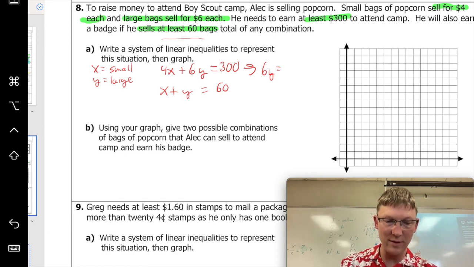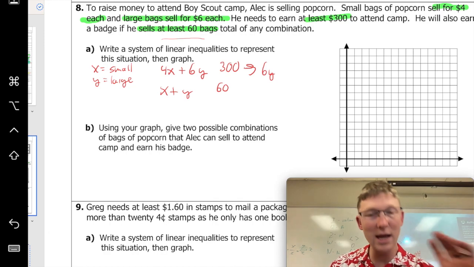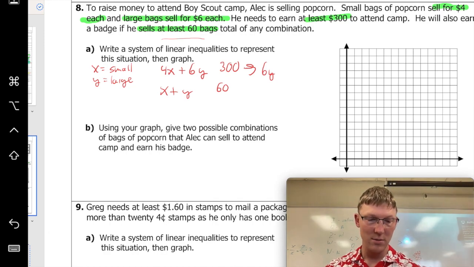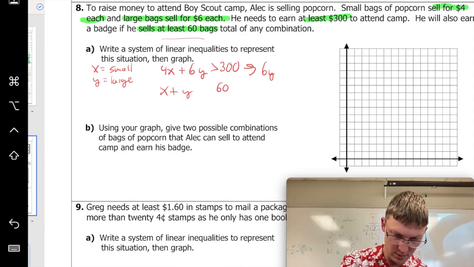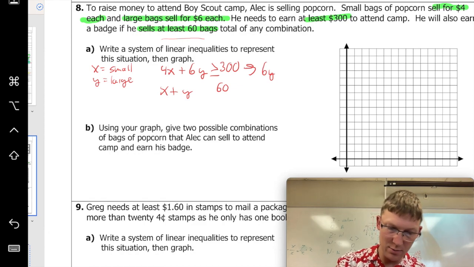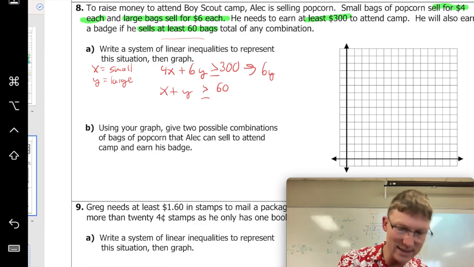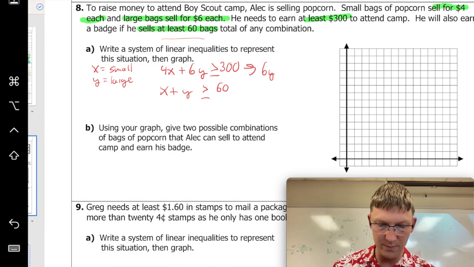I used equal signs, but he can have more than $300, he needs to have at least $300. And the same thing with the 60. He needs to sell at least 60 bags. So that's a better way of writing that.